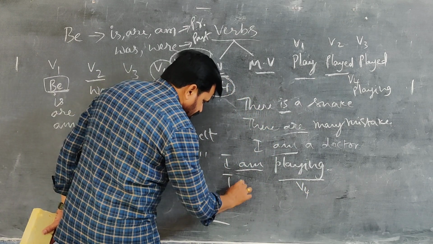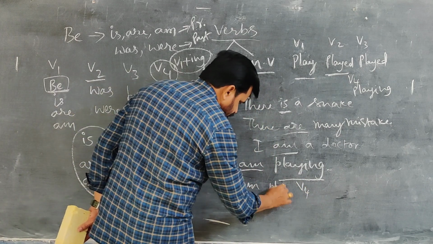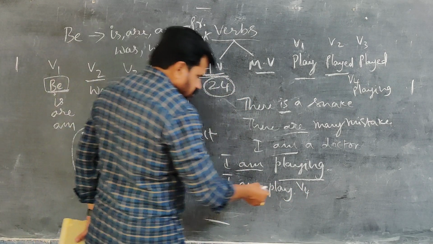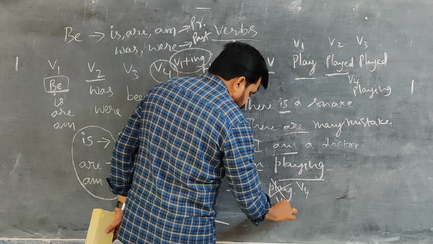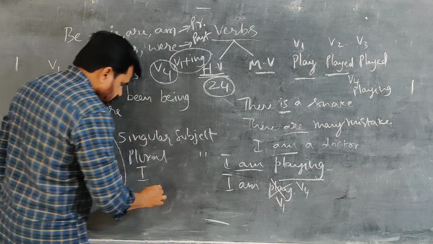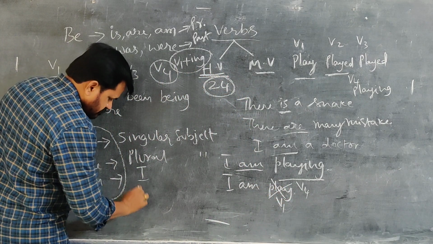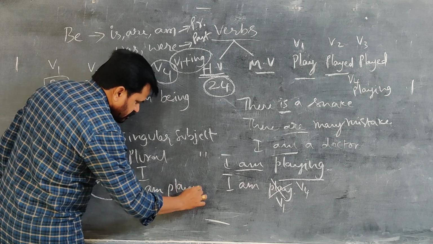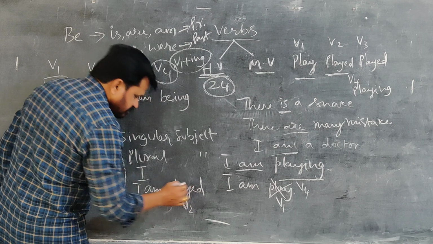Whenever you write or use 'I am play', do you say like this? You can't use V1 after that. Again, 'I am played' means as V2 I am saying this.